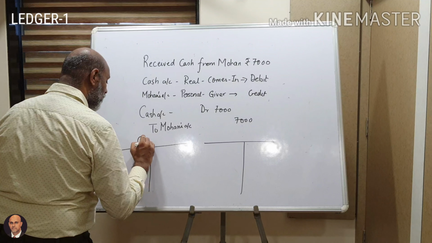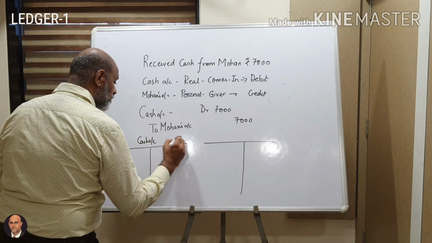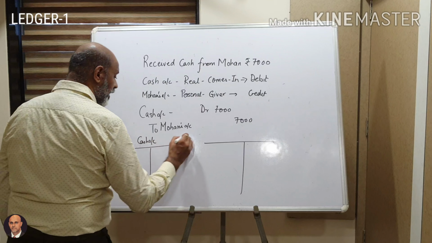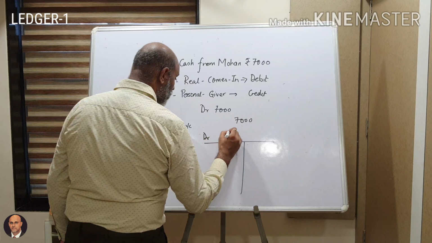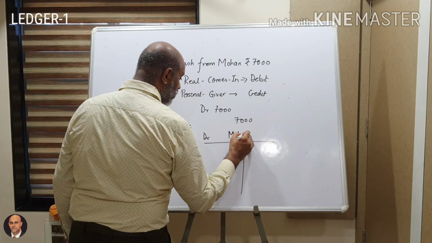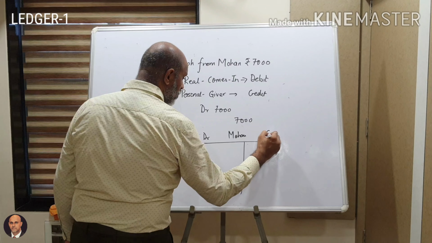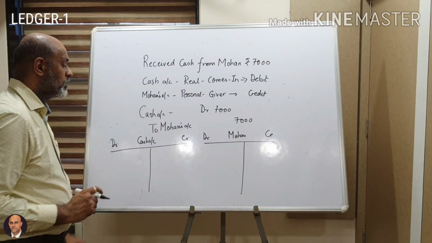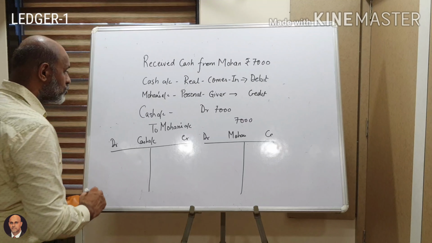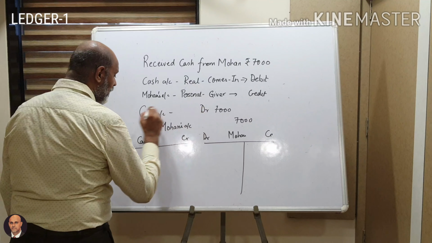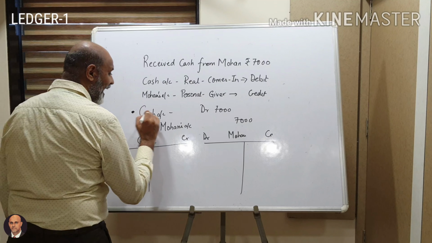Okay, this is your cash account and this is Mohan's account. Fine, cash account and Mohan's account. So what are you going to do? You are going to the first on the top, your cash account debit.